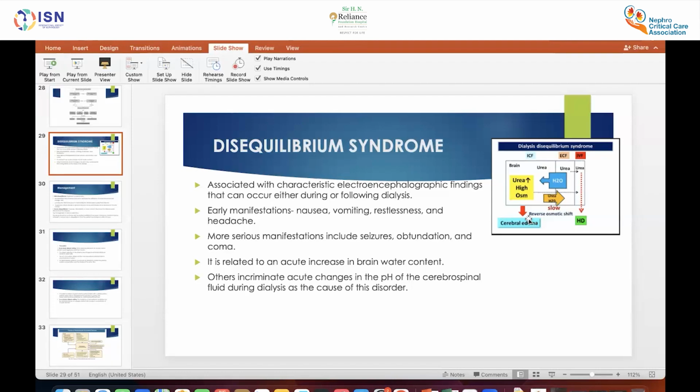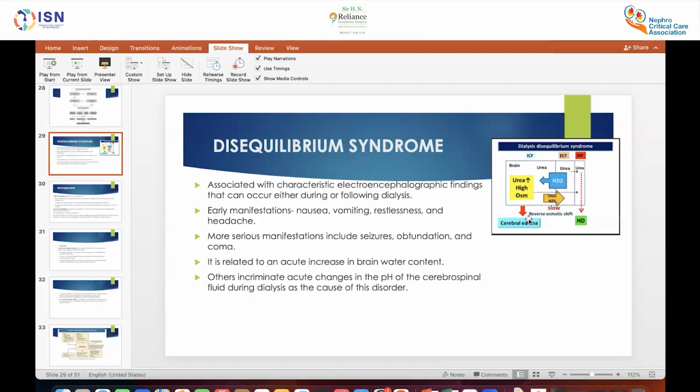So in this scenario, you have to calculate the body surface area, how big the patient is, then accordingly use the smallest possible dialyzer. And in children also it has to be like that. The child's size and surface area has to be proportionate to the dialyzer surface area. You cannot dialyze a child with a 1.6 or 1.8 square meter dialyzer. It will cause more dialysis disequilibrium.